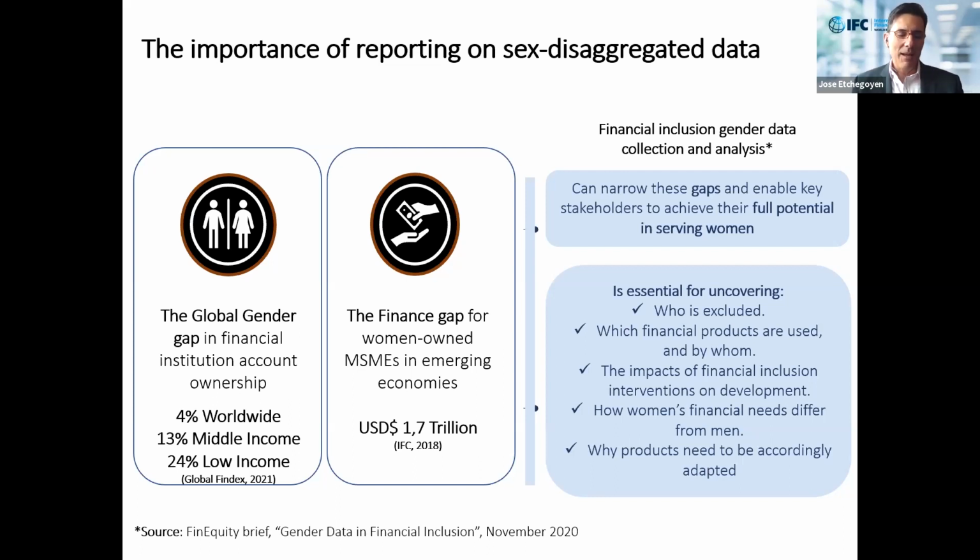But there's still a big gap in middle-income and low-income countries. As you can see, the gap in middle-income countries is 13%. So the probability of a woman accessing an account in a financial institution is 13% lower than that of a man, and it is 24% lower in the case of a low-income country.